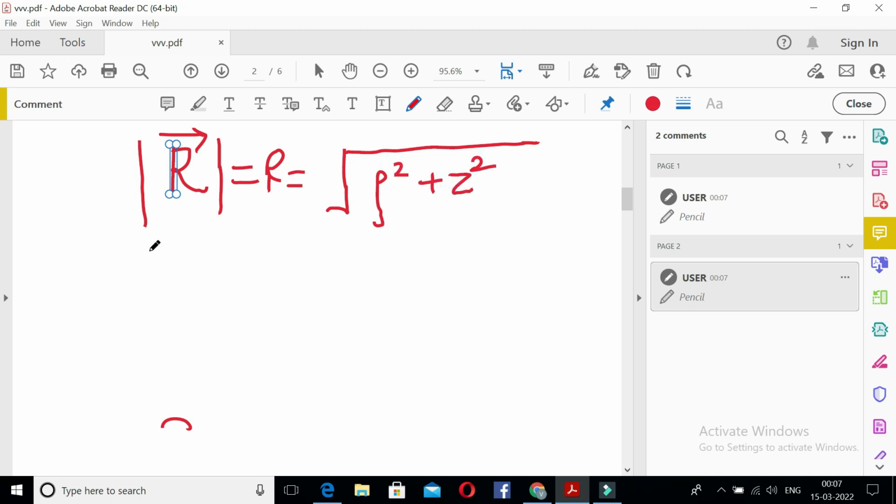And r cube is equal to rho square plus z square to the power 3 by 2.